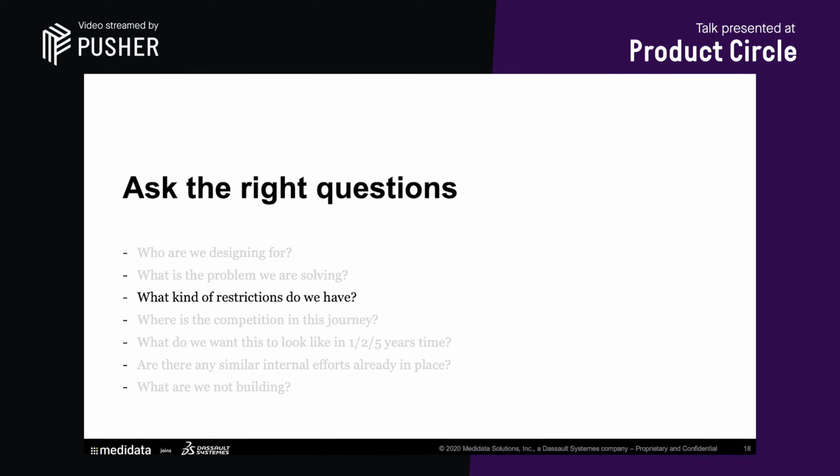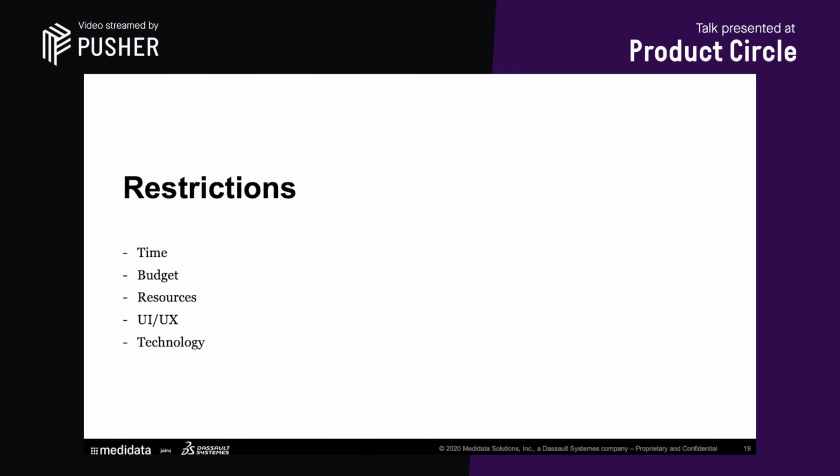Moving on to the sort of restrictions that we have before we even start building, or before we even get to a first set of requirements. For the dashboard, we had about 6 months to build. We obviously had a fixed budget. We had one team available to us, but more importantly, we had a fixed set of guidelines in terms of our UI and UX.